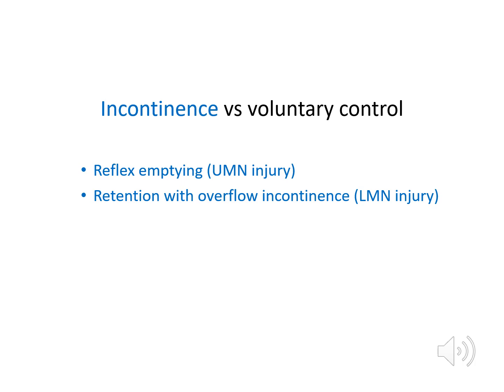Okay, now that doesn't mean that the patient with the lower motor neuron injury who has no reflexes has no accidents, right? Because what happens is, if the bladder gets over full, it will dribble, right? So once the bladder gets full, now you're going to have what we call overflow incontinence.